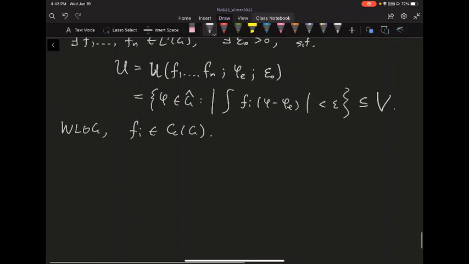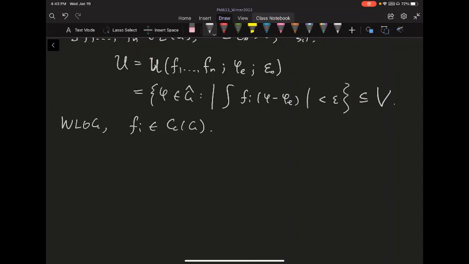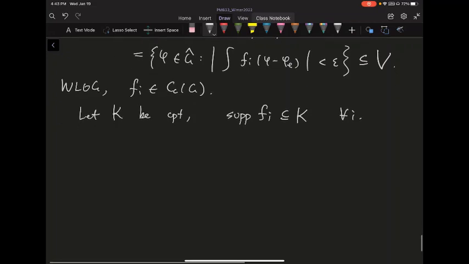Because each of them has some compact support and we only have finitely many of them, their union is still compact. So let K be compact, so that the support of each fi is inside K, for all i. So what do we have? Let me do a very technical definition first.